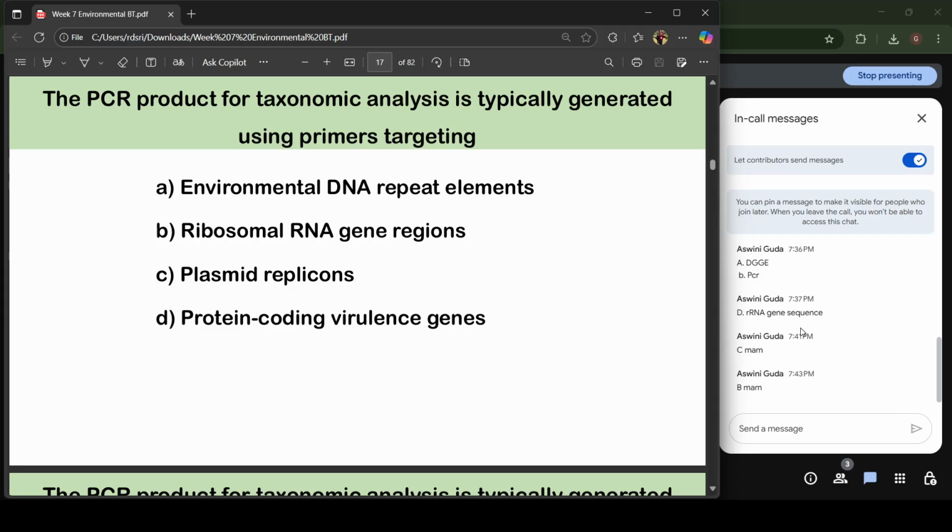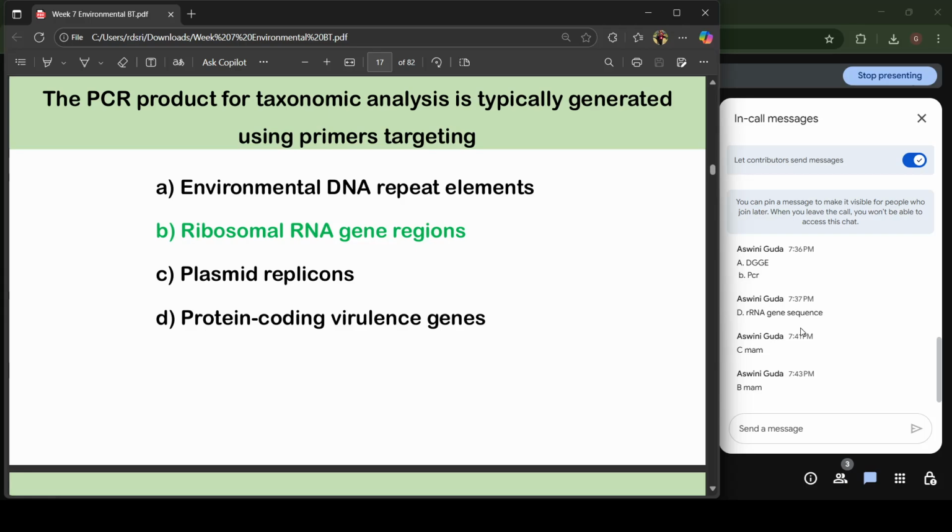Exactly. So the PCR product for taxonomic analysis is typically generated using primers targeting ribosomal RNA gene regions, because we know that in prokaryotes, the 16S rRNA gene, the ribosomal RNA gene, has both conserved and variable regions.